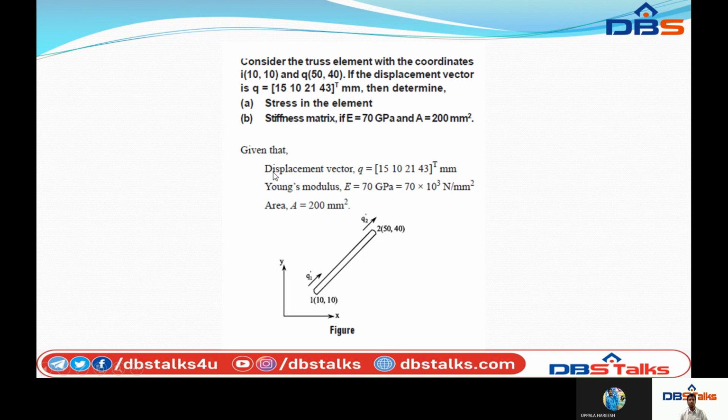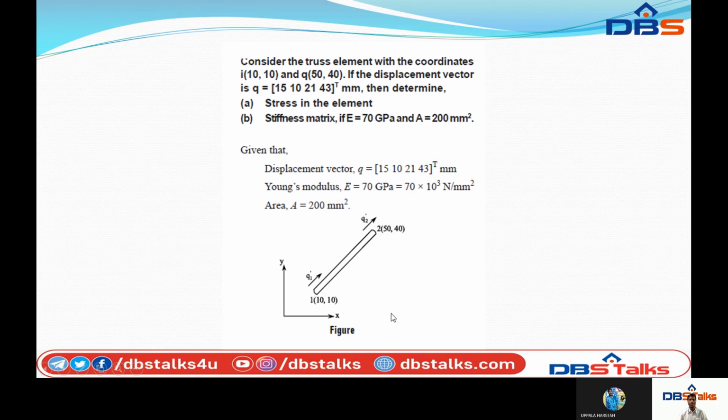First I write the given data: Q, the displacement vector, equals 15, 10, 21, 43 transpose millimeters. Young's modulus E equals 70 gigapascals, which I convert to 70 times 10 cube Newton per mm square. Area equals 200 millimeter square.